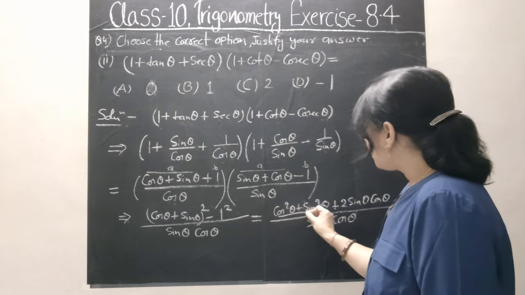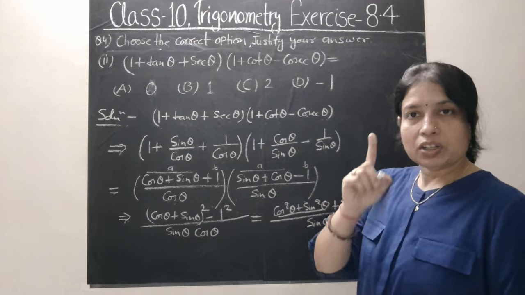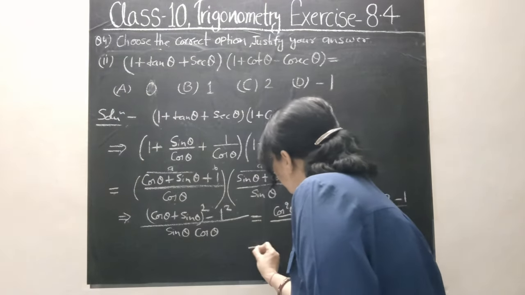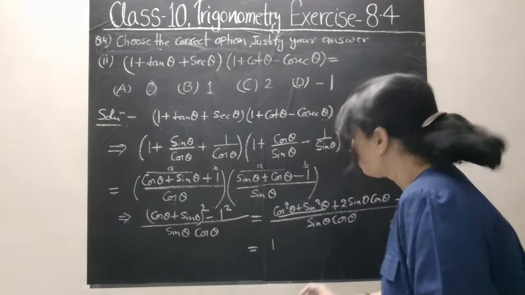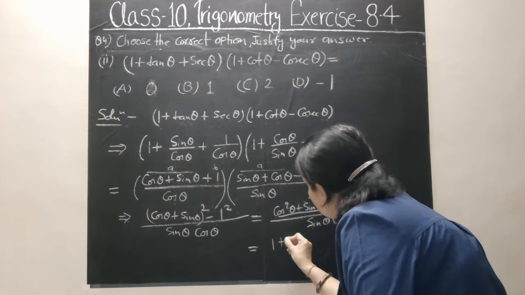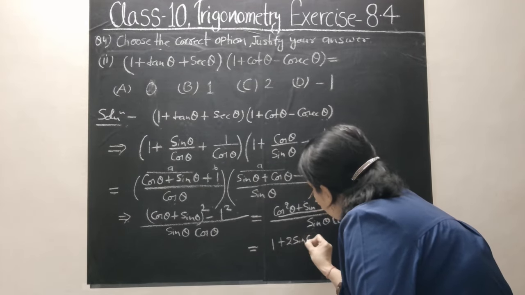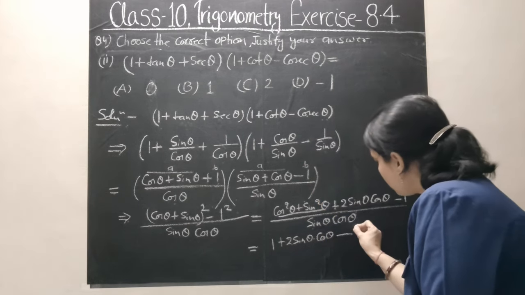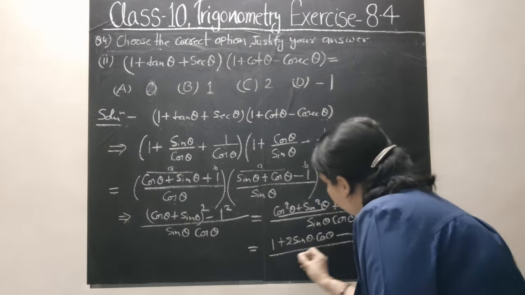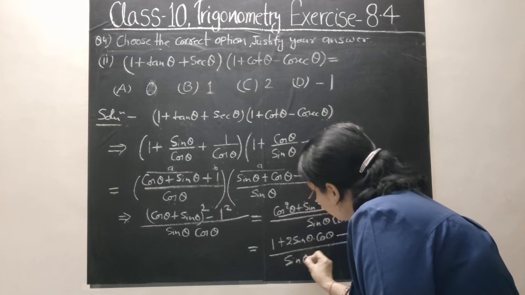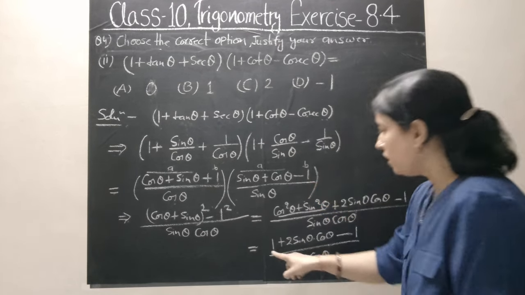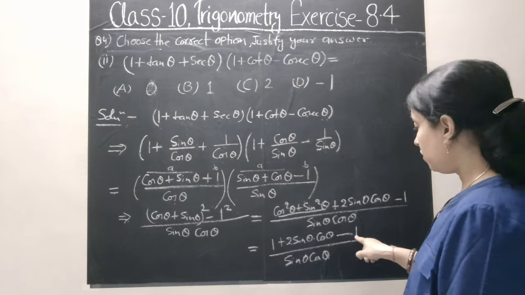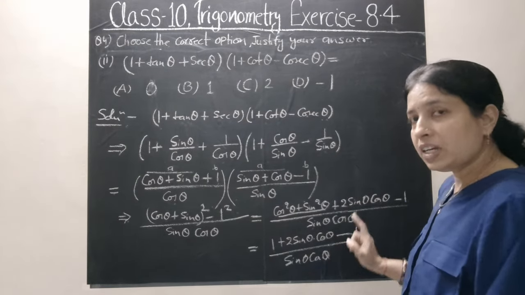Here cos square theta plus sin square theta is equal to 1. So in place of this you can write 1 plus 2 sin theta into cos theta minus 1, divided by sin theta into cos theta. Look here, this one is 1 plus, here it is minus 1. So 1 minus 1 will be 0.